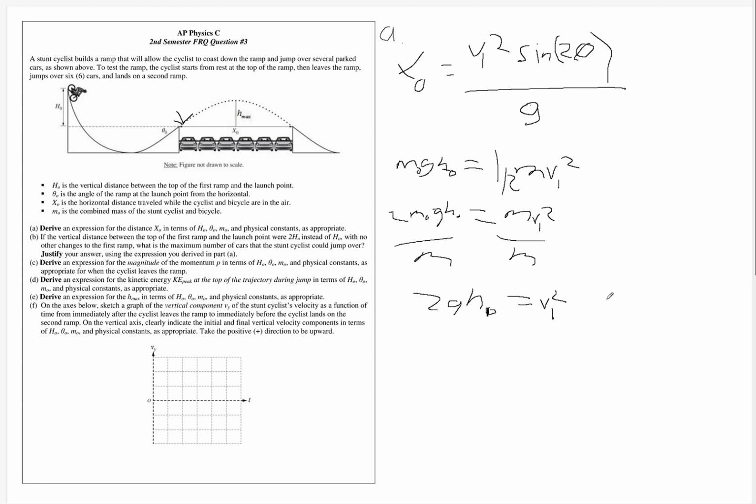And then now we can just substitute the vi squared from the bottom into the top formula that we found. So x is equal to 2 g h sine 2 theta divided by g.